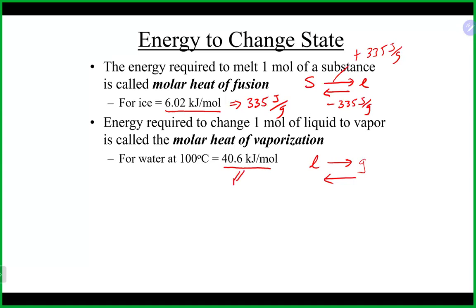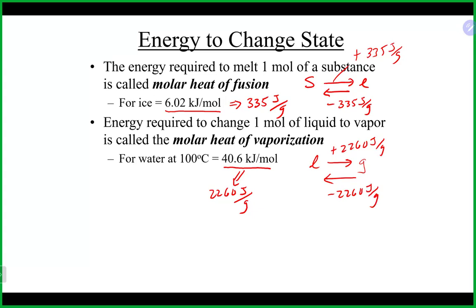That is roughly 2260 joules per gram, if you want to do joules per gram. And same idea here as we go from liquid to gas, that's an endothermic process. So that is a positive 2260 necessary to do that transition. And as we go from gas back to liquid, that is a negative 2260 to go in that direction.